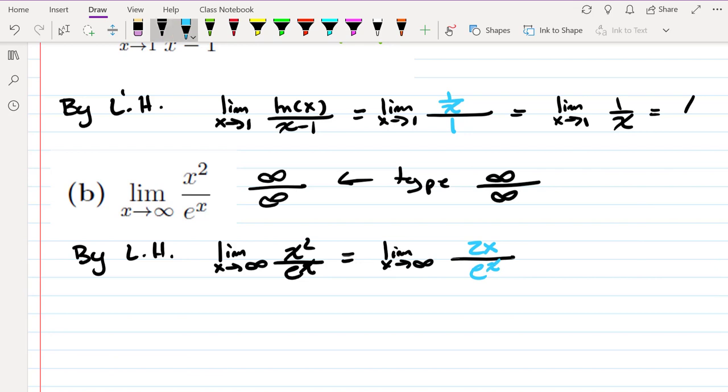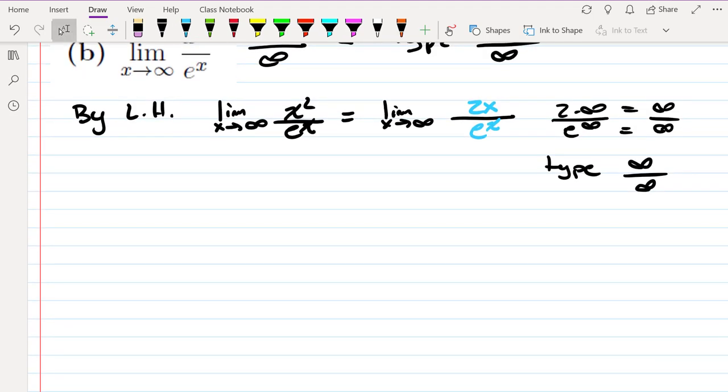And if we test this again, we get 2 times infinity is still infinity, and e to the infinity is still infinity. So we get type infinity over infinity. So then, by L'Hopital's rule again, we now take the derivative one more time.